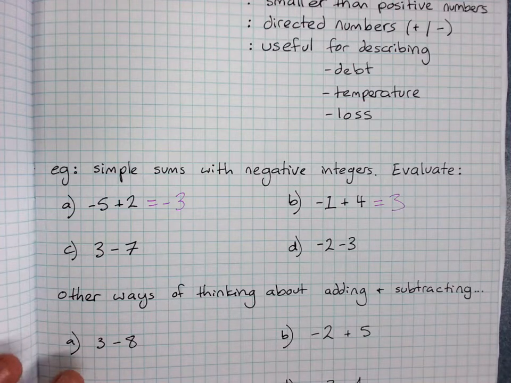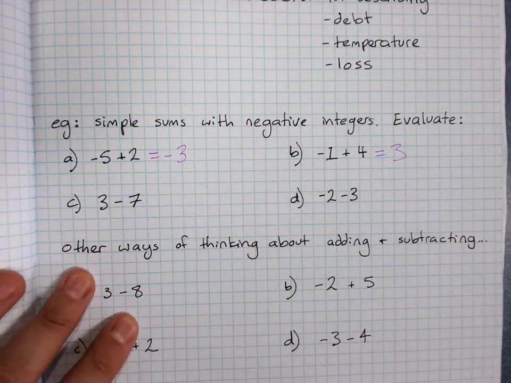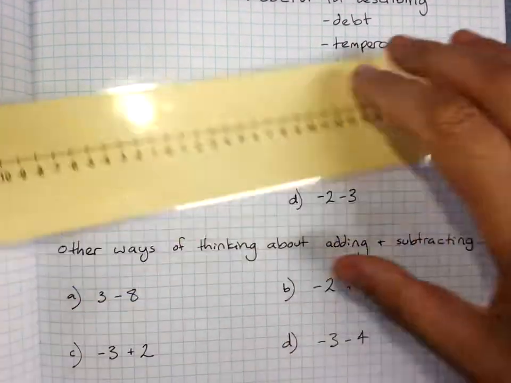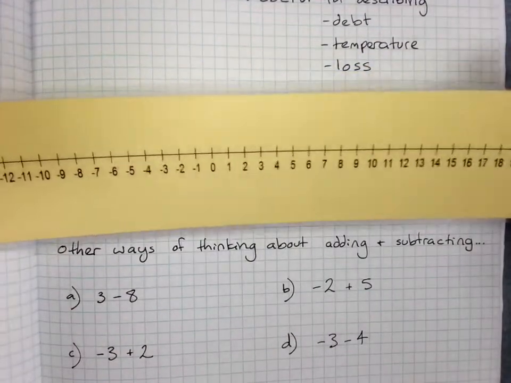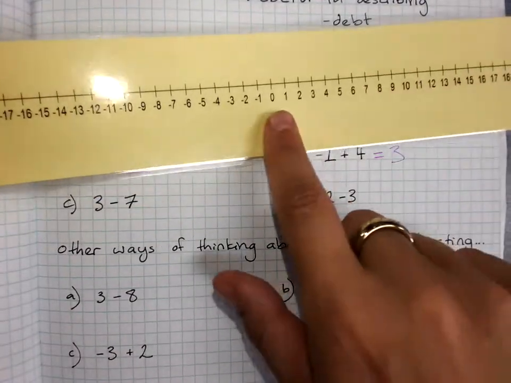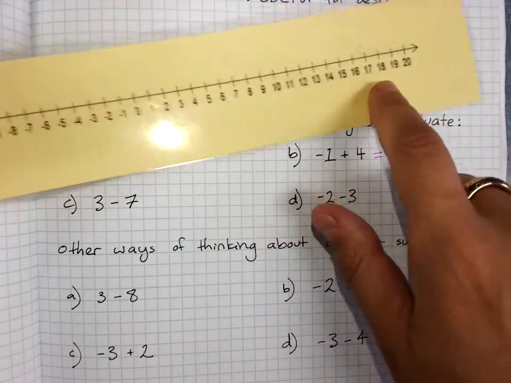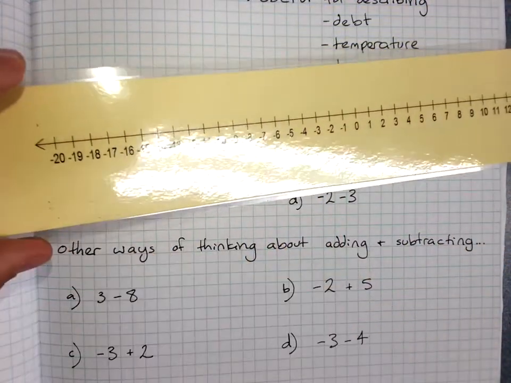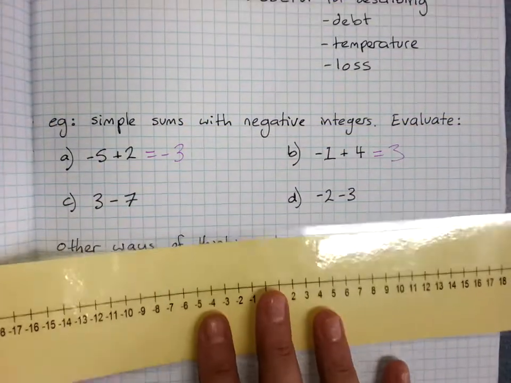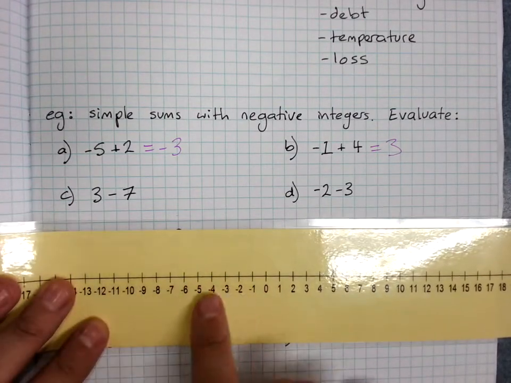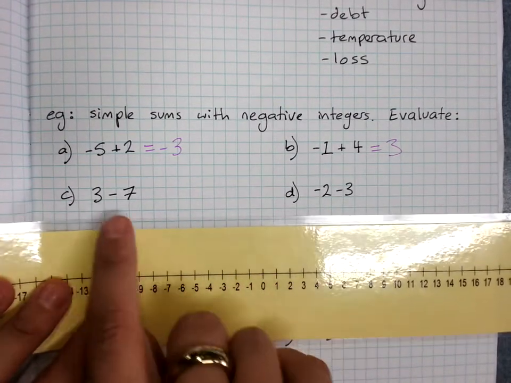Now, to support you in your test, because you don't have calculators, we'll make sure you've got a number line, 0 in the middle, up to positive 20, down to negative 20. So we can do these problems just by using the number line.